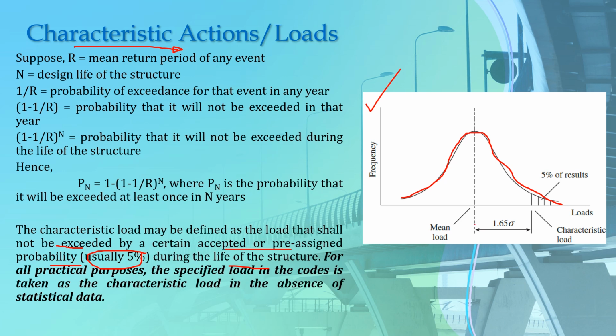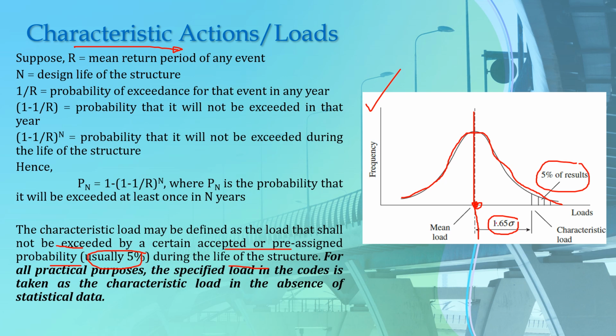And in this normal distribution, you know that the normal distribution curve is always centered on the mean. So this is the mean value of our load. And then for 5% probability, the error is given by 1.65 times the standard deviation.